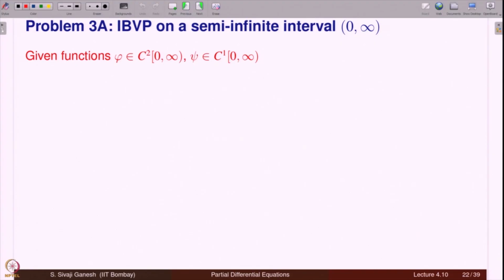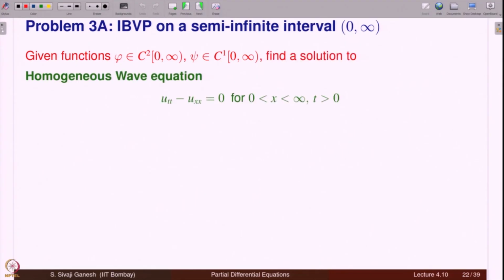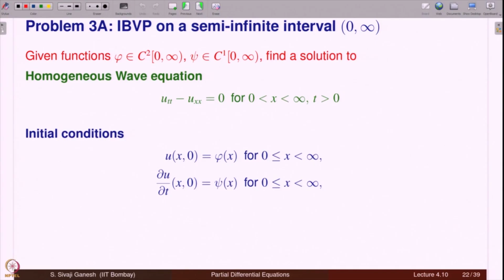So, given functions phi in C2 of 0 infinity and psi which is C1 of 0 infinity, find a solution to the homogeneous wave equation, and initial conditions as before, the initial displacement is phi and initial velocity is psi. Now, there is only one boundary because the domain is 0 comma infinity, there is a boundary only at x equal to 0. So, the boundary condition, once again we consider the Dirichlet boundary condition, u of 0 t equal to 0.